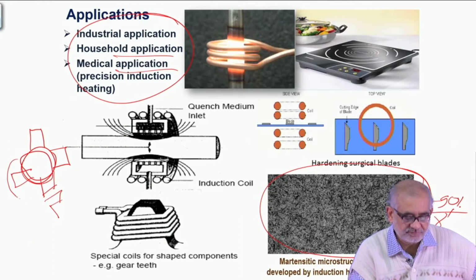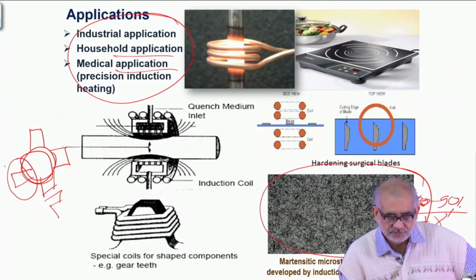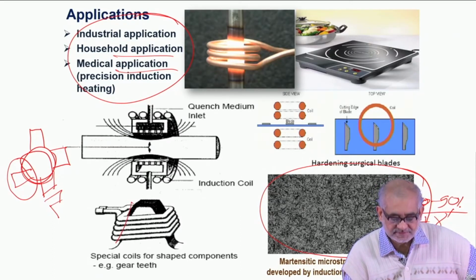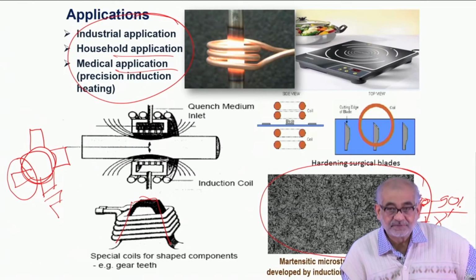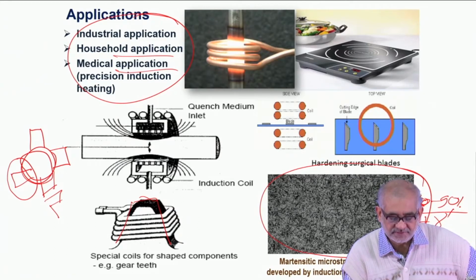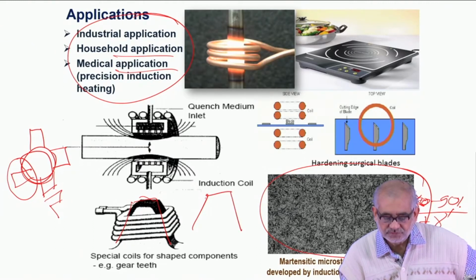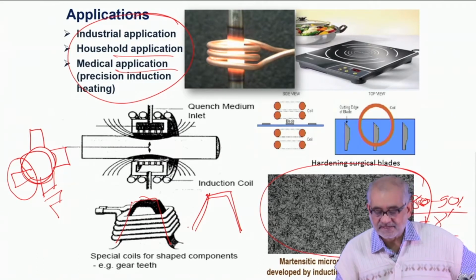And so if you are targeting one of these teeth, then the coil should be properly designed. The geometry of the coil should be so designed that it actually can fit in exactly to this. So now you are in a position to harden only the surface of the teeth to the desired depth.